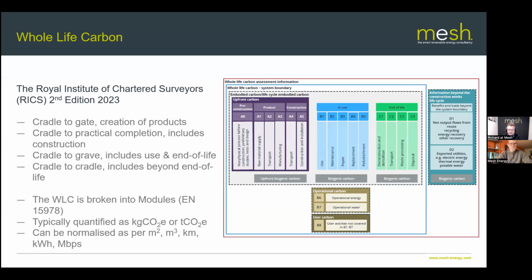And underneath all of this, we've got the operational energy and operational water. So operational energy includes regulated and unregulated energy. When we talk about regulated energy, I'm sure you're aware that'll be the heating, hot water, and lighting. Operational energy starts to include small power loads, and all the operational emissions that come from that as well.